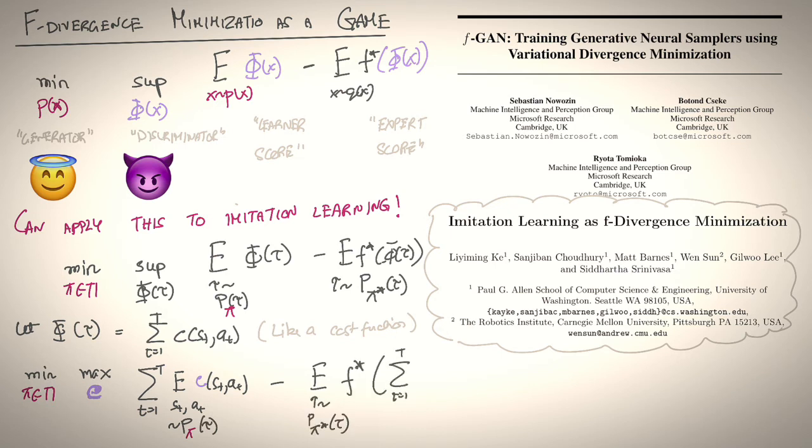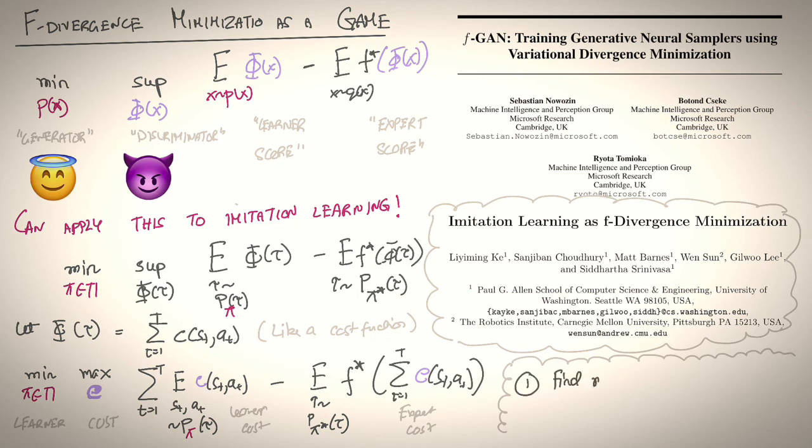Now, the only caveat is that the expert's cost goes through the function f star, the convex conjugate function, which is going to play a big role. Okay, so the way we solve this game is we are trying to find a minimally discriminative cost that separates learner from expert, and then the learner goes and minimizes this cost.